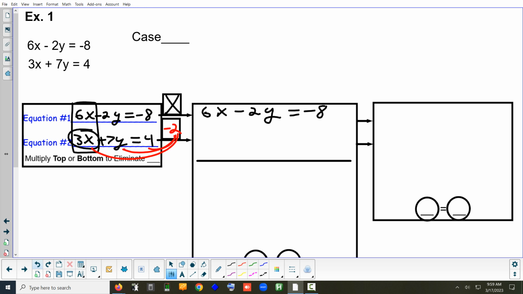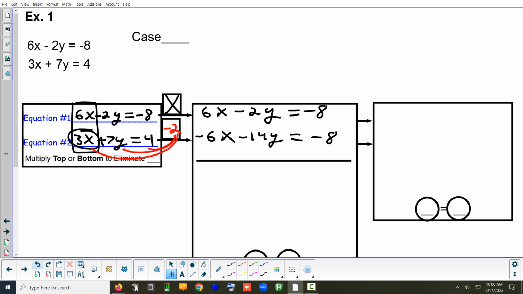I'm going to times everything by negative 2. Can you tell me what I get, Aiden, if I multiply everything by negative 2? Negative 6x, plus negative 14y. Since it's plus a negative number, I'm just going to write minus 14y equals negative 8.